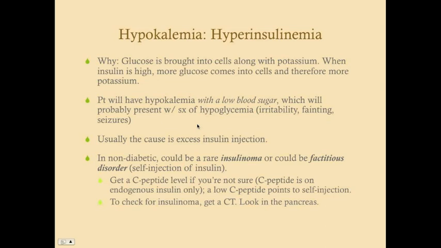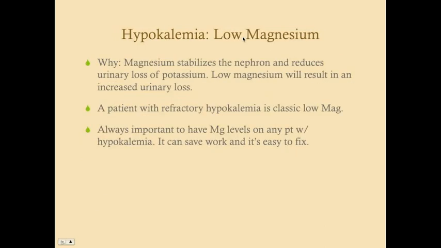Okay, another big favorite of the USMLE is they like to tell you that a patient has refractory hypokalemia. You're giving them potassium, but it just keeps going back down, and you don't know what to do. Well, the probable cause of that is a low magnesium. It's not unusual for patients to have bad nutrition.